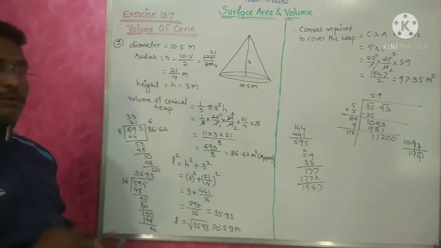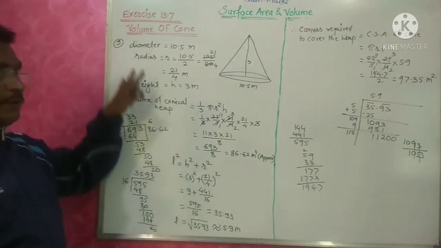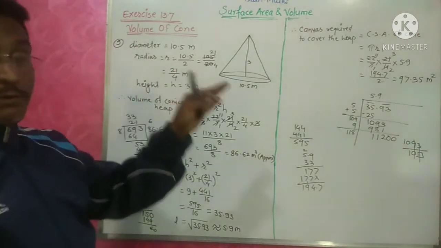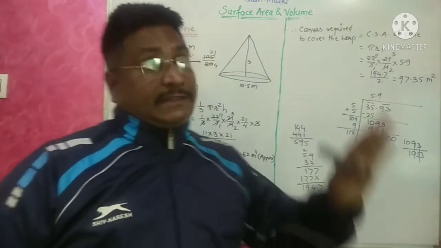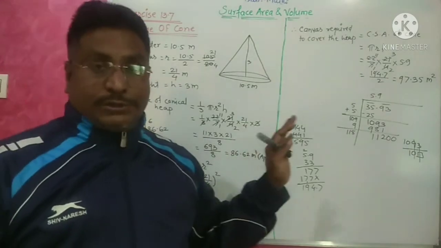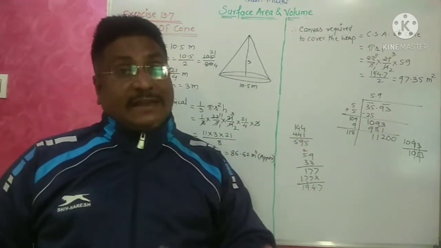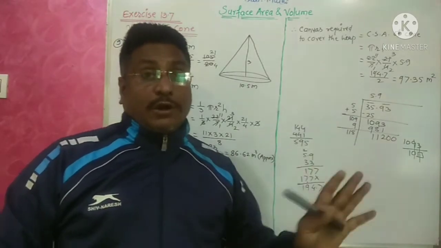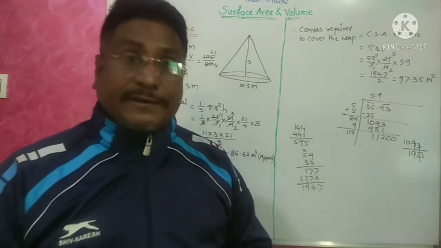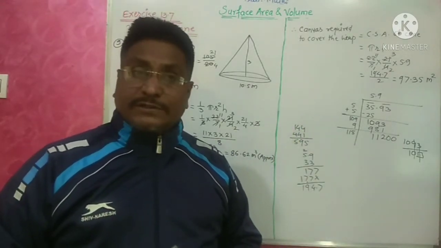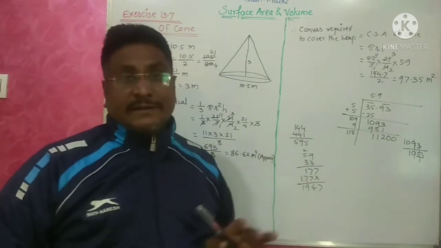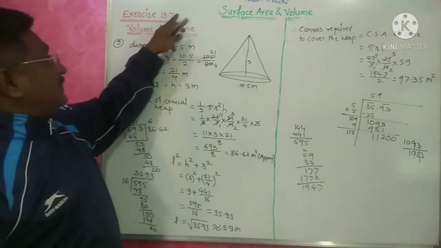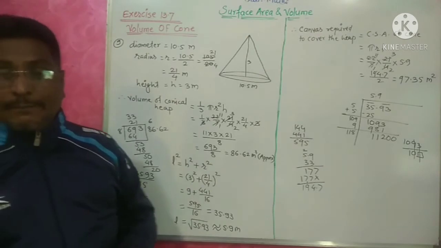So understood students how to find? So hope you understand. Write the question from the textbook and then write the solution. And the solved examples from this lesson. All solved examples you have to write. Okay students? So hope you understand. So here exercise 13.7 is completed.